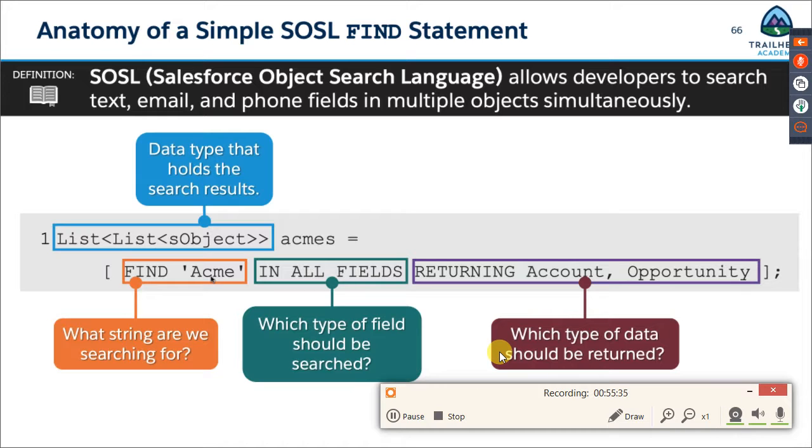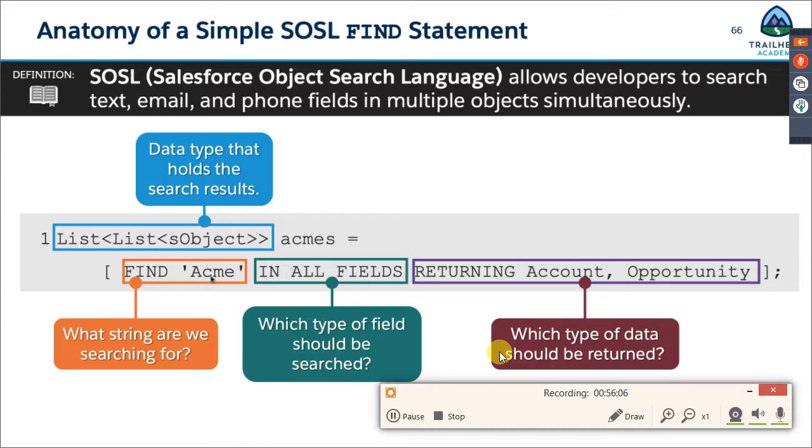And in this particular case, we're going to create a variable called acmes, whose data type is a list of lists of SObjects, or basically of records. Acmes bracket 0 is a list of accounts that match the word Acme. Acmes bracket 1 is a list of opportunities that have the word Acme.